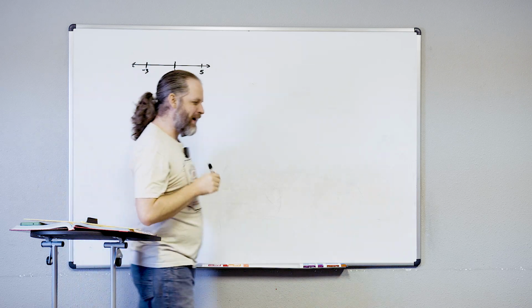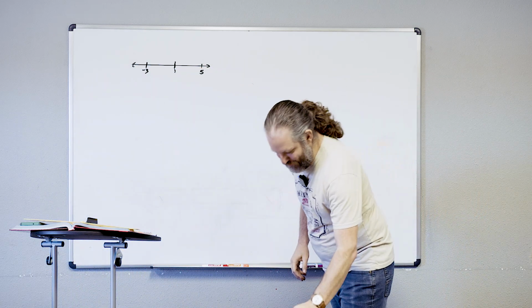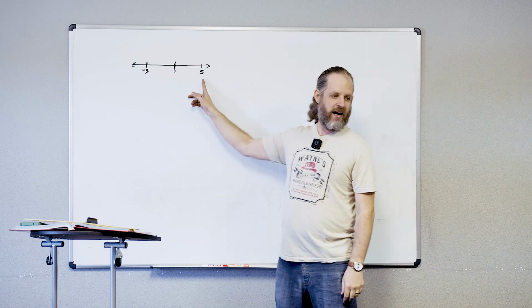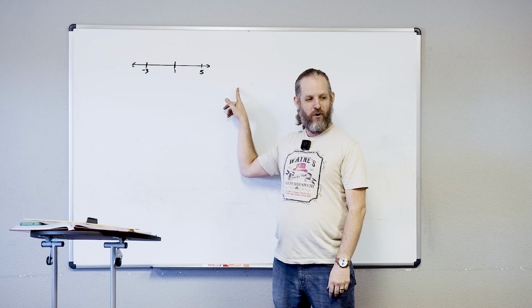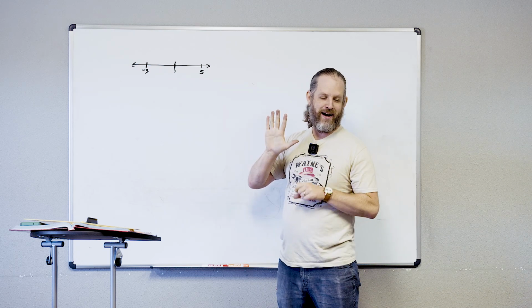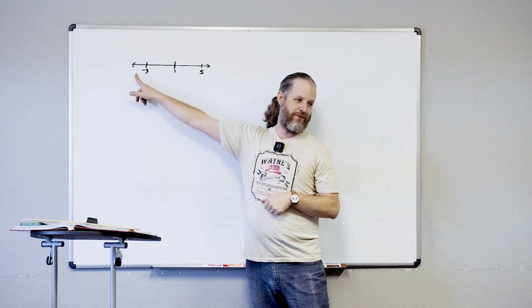I know where you got the 5 from. Let me tell you where you're confused and what happened. You got the 5 from this guy, yeah? But if I go up 5 from 1, where am I? I'm at 6, not at 5. If I go down 5, I'm at negative 4, so that's too many.